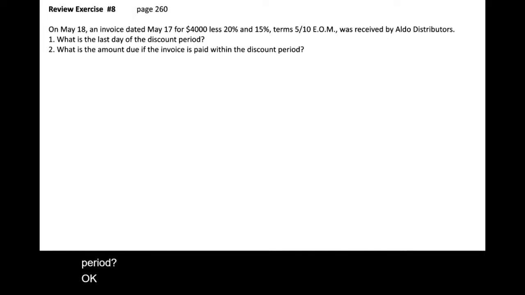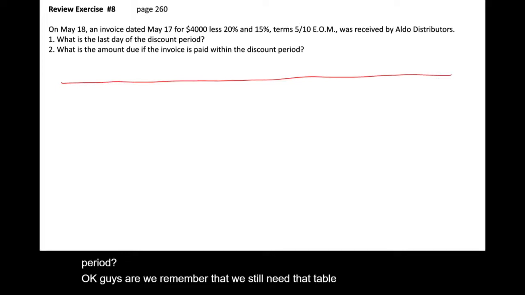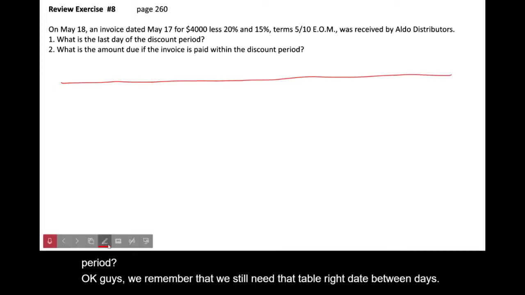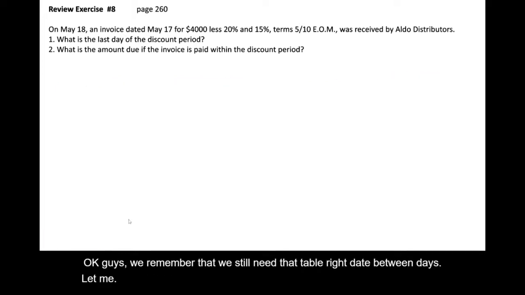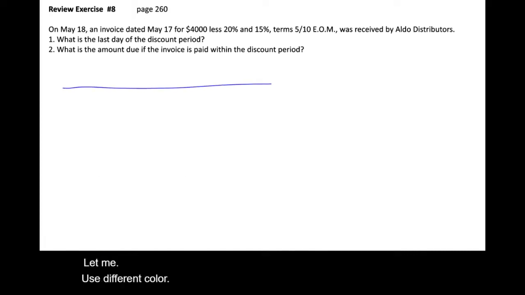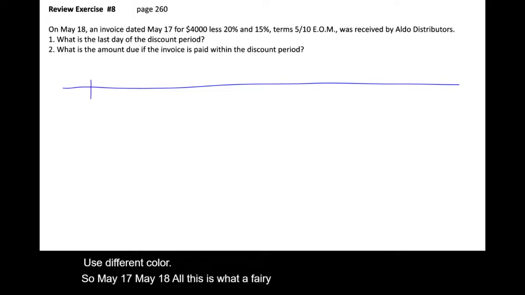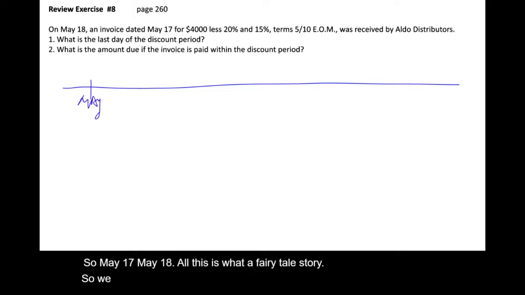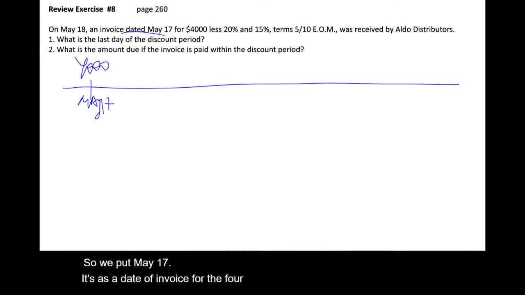Okay, guys, we remember that we still need that table, right? Date between days. Actually, let me use a different color. Okay, so May 17, May 18, all this is a fairy tale story. So we put May 17 as the date of invoice for 4,000, right?